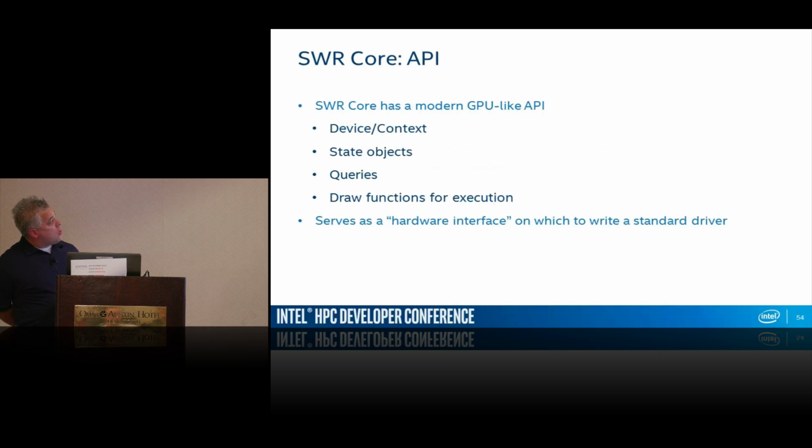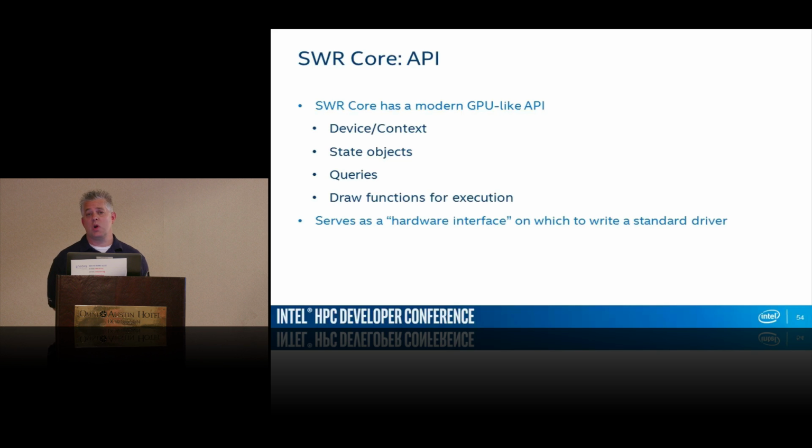The SWR core API looks very much like a modern GPU. It's got a very modern API-like feel. It has device and context features, state objects. It supports queries to get state back from the pipeline, and then there are draw functions for execution.